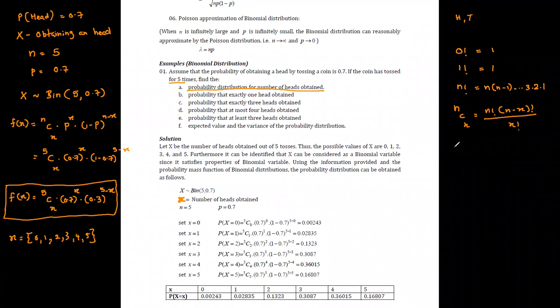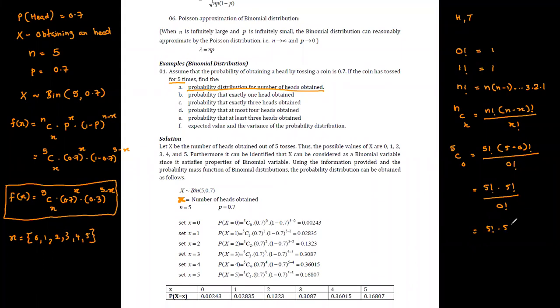And nCx is written as n factorial times n minus x factorial divided by x factorial. If I write down the value for 5C0, this is 5 factorial, 5 minus 0 is 5, divided by 0 factorial.